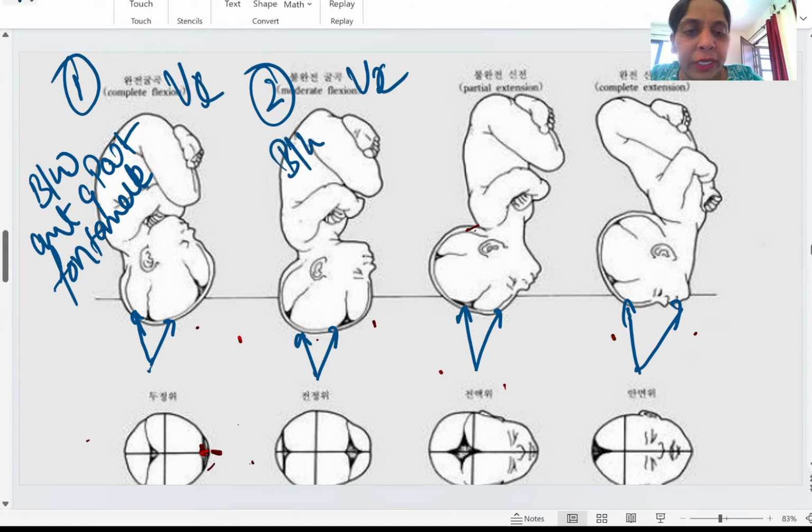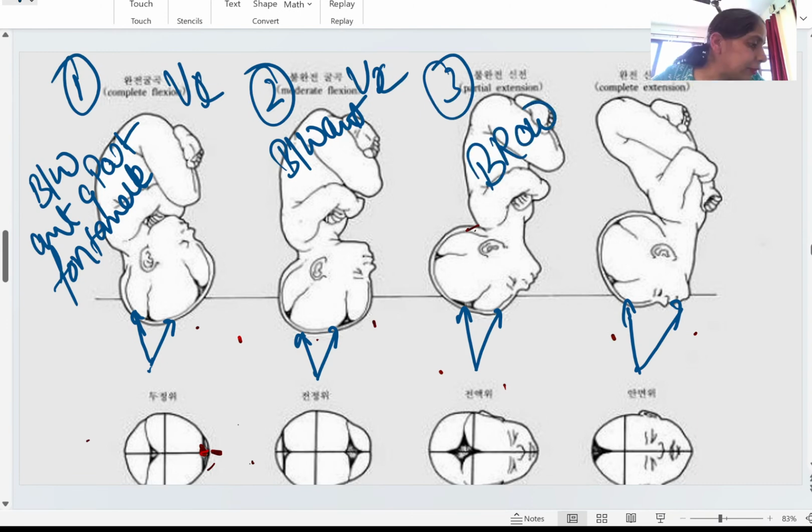The third one is brow. And the fourth one is face. Okay, very good.